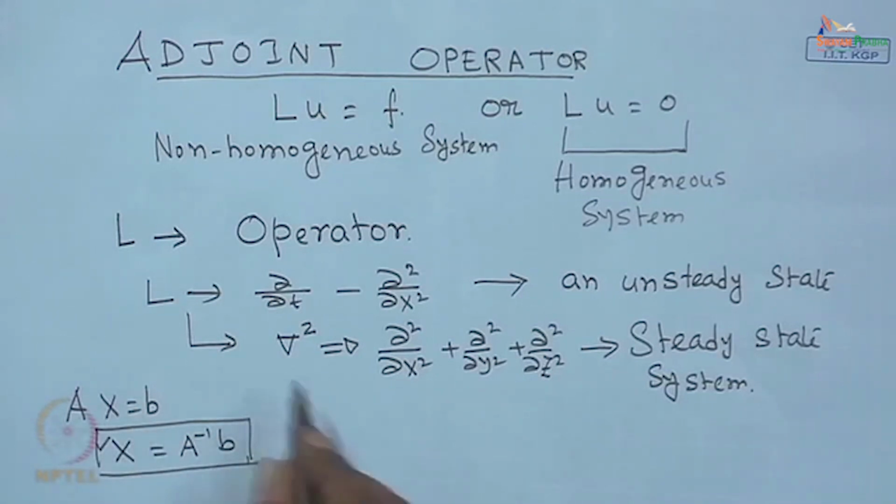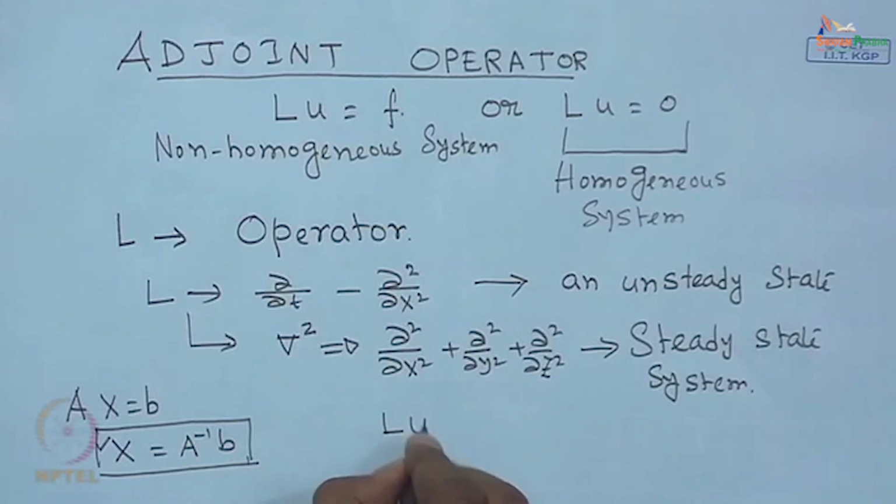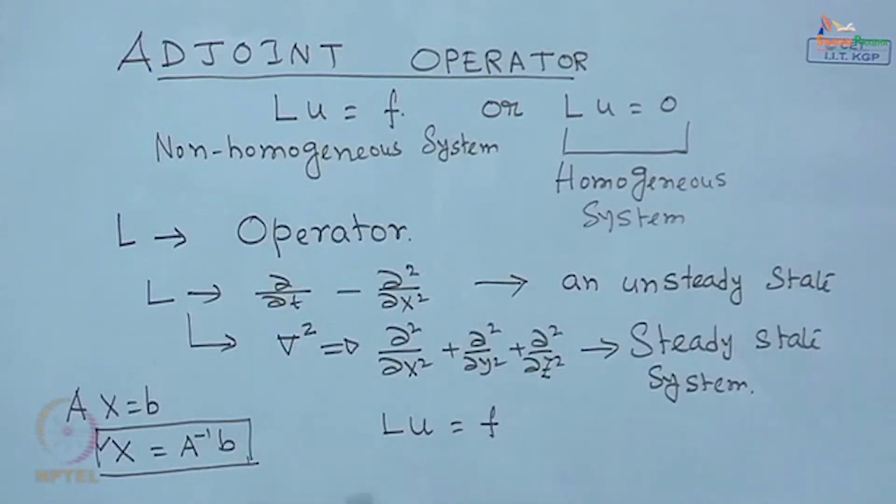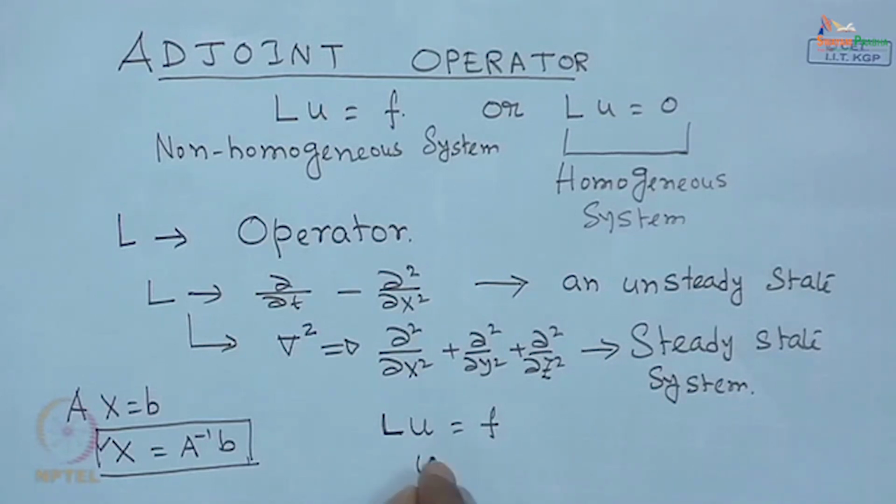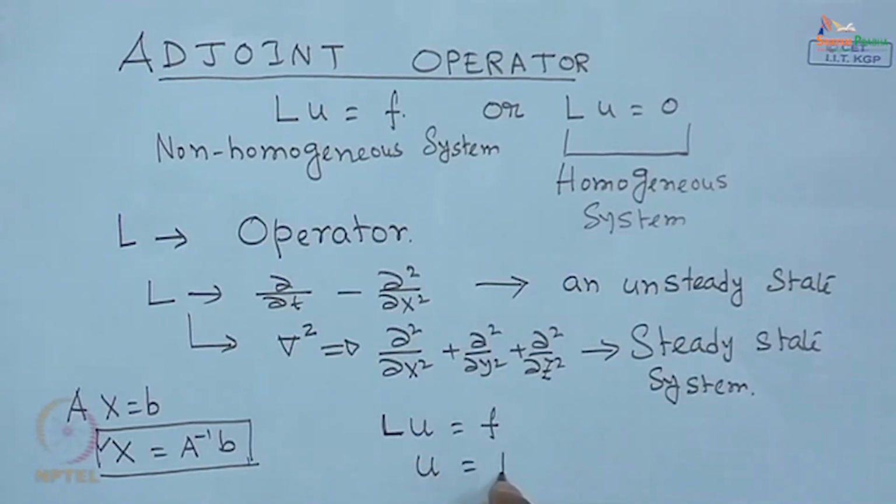Similarly, in continuous domain, LU is equal to F. So, U is the solution, L is the operator, F is the non-homogeneous term. So, what is the solution? The solution is obtained by L inverse F. Now, this L inverse in most of the cases can be identically used for adjoint.